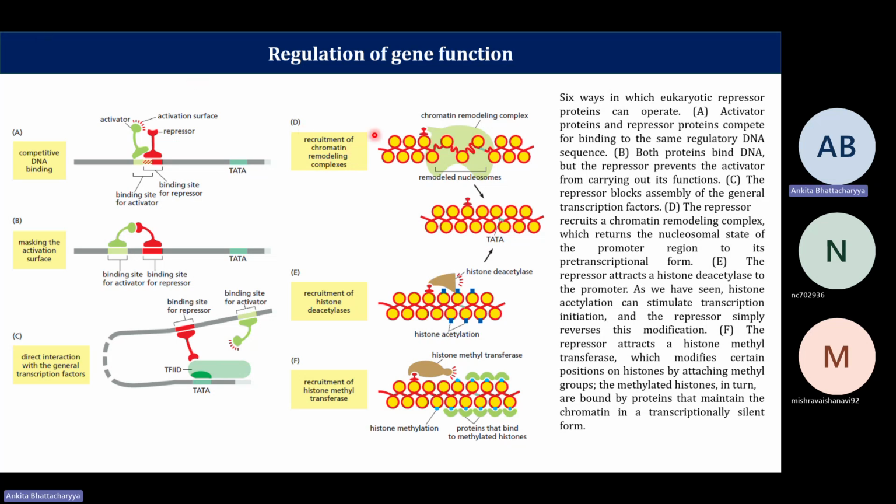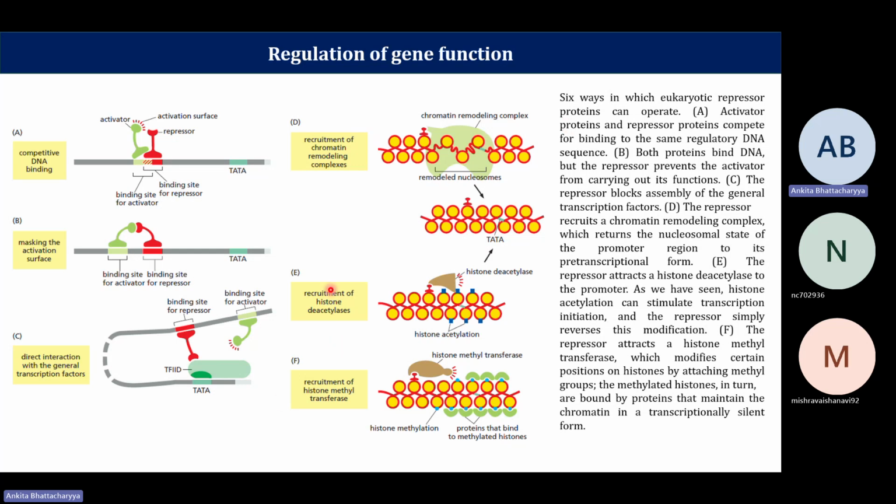Then you have the recruitment of chromatin remodeling complexes, which are obviously going to control how tightly or how loosely a certain region of the genome can be exposed. And depending on that, the transcription from that site may be taken forward or not.